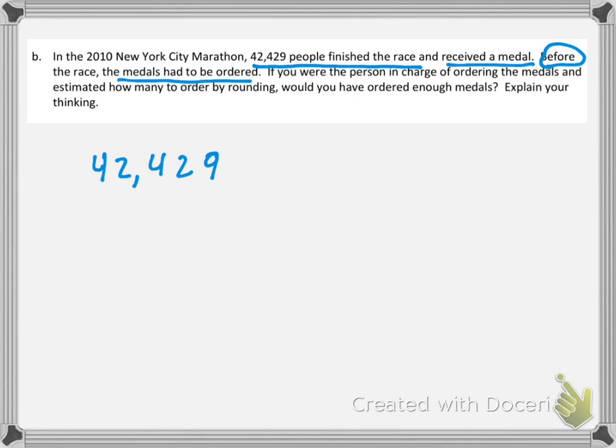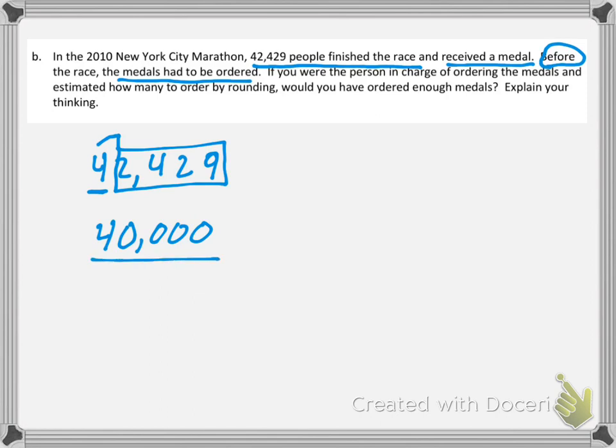So if we were going to do that front end strategy and locate the 10,000s, the standard way of rounding, and we looked at this information right here, that would be closer to 40,000. Now, we would be short a bunch of medals if we ordered only 40,000.